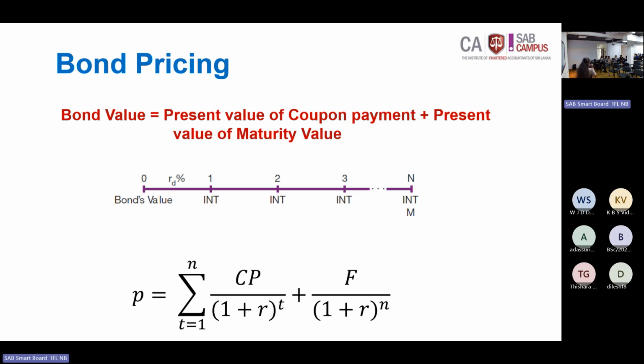So the first thing is the present value of the coupon payments. Plus, as a company that has invested somewhere else, at the end of the maturity period the company is receiving the maturity value.